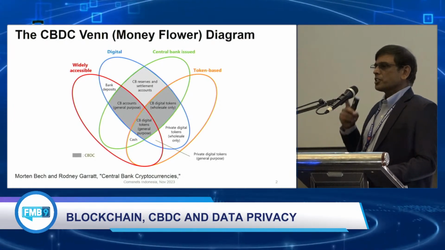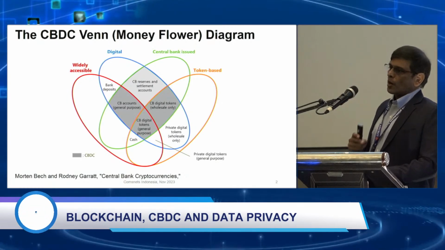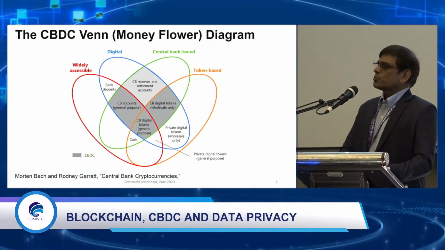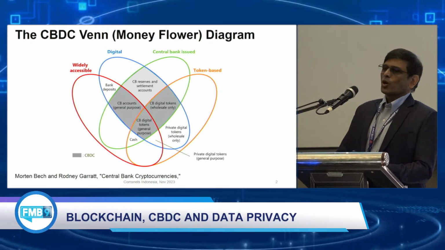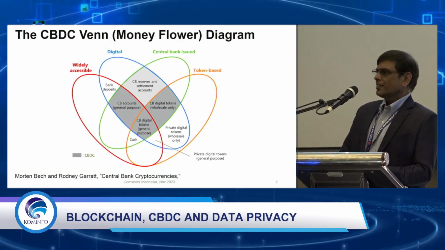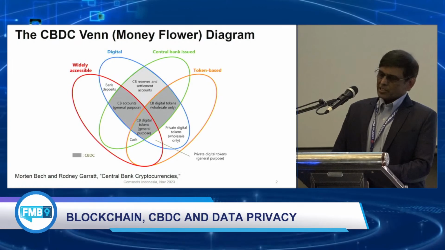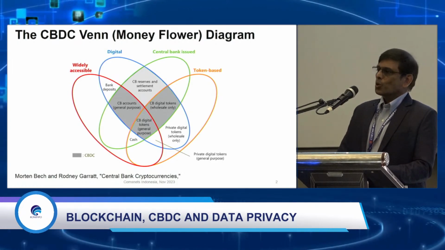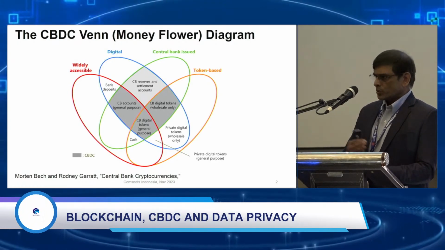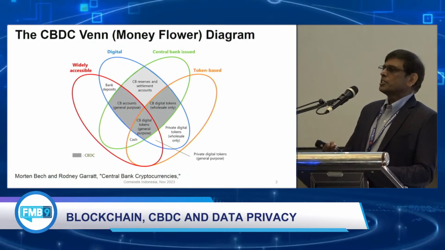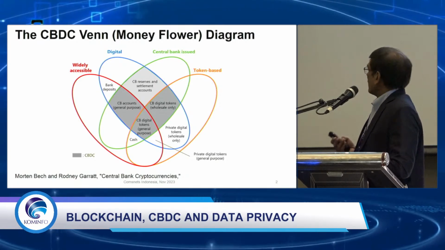And in that intersection, you can further divide it into four quadrants based on whether it's widely accessible or narrowly accessible, what is called wholesale CBDC or retail CBDC. If it's narrowly accessible, it means it's wholesale, meant for banks to do settlements among themselves. And retail means it's meant for us to transact, to do payments and so on.